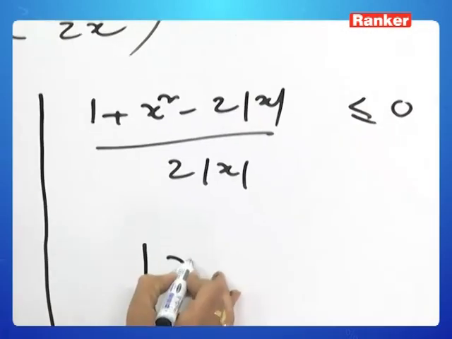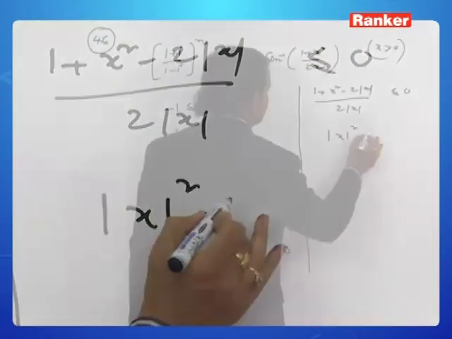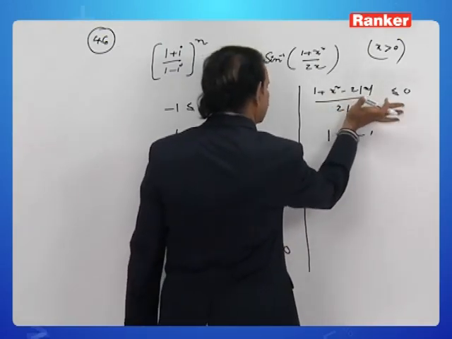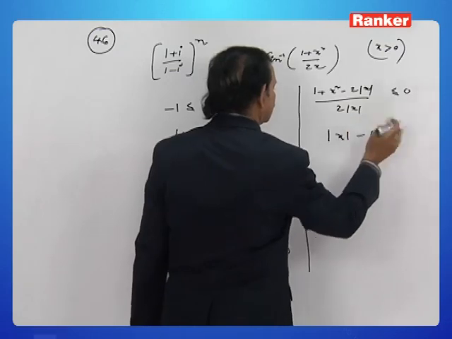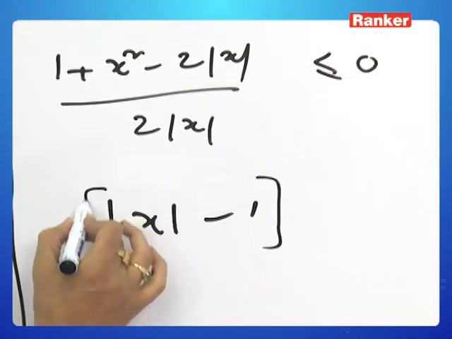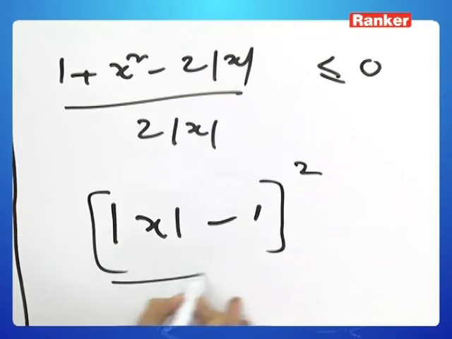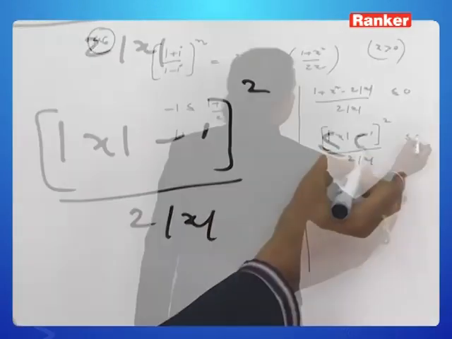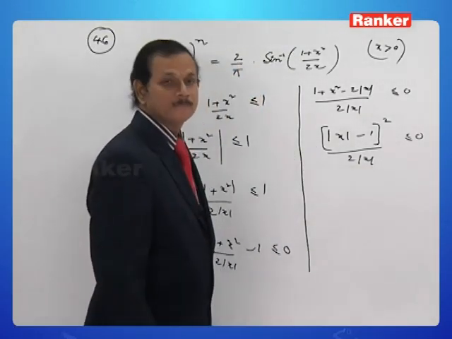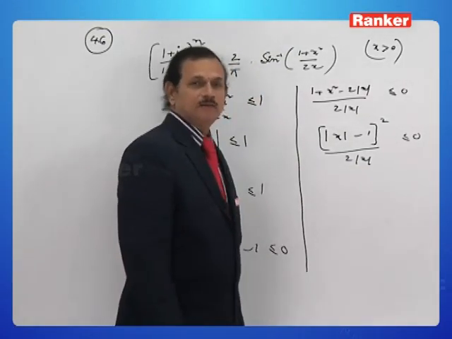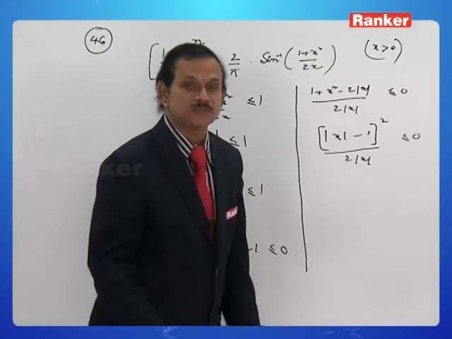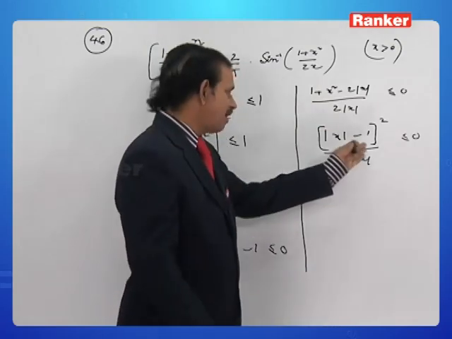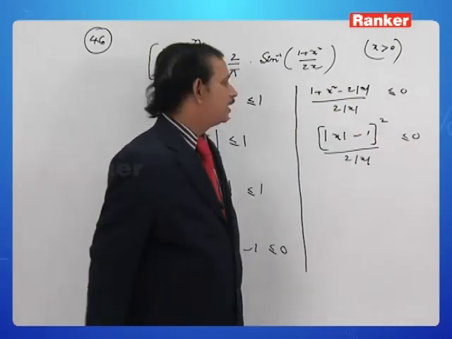Therefore, you can write the numerator as (mod x minus 1) whole square, isn't it? If you expand mod x minus 1 whole square, you get mod x square, that is x square, plus 1, minus 2 mod x, present.